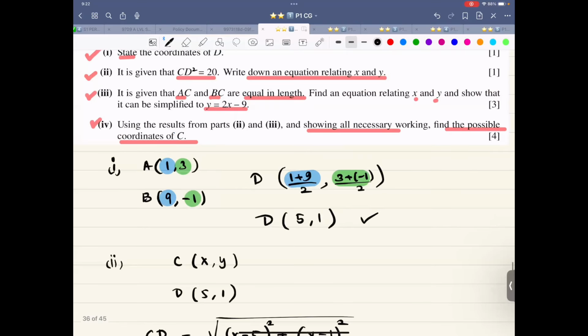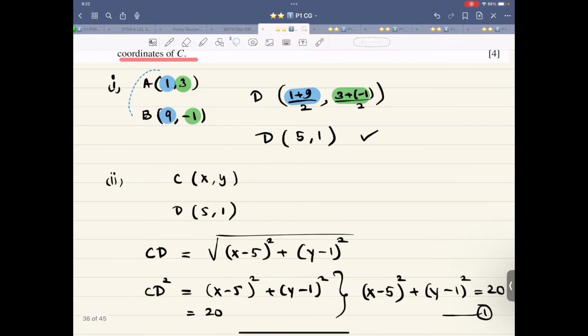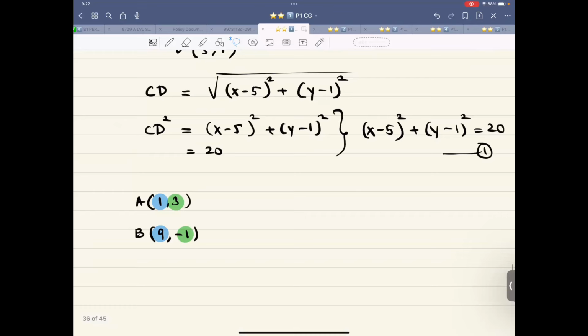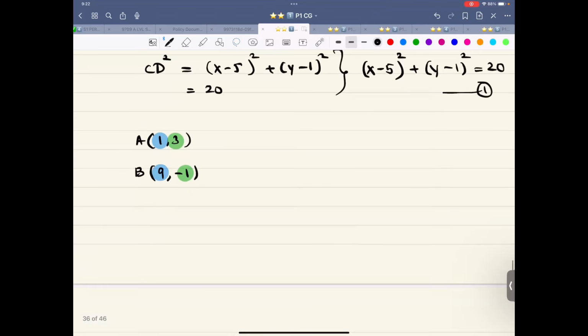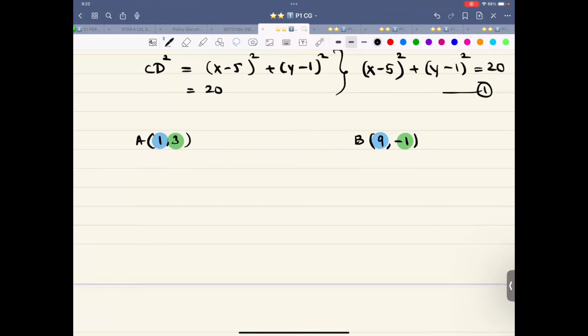This is part 2. It is given that AC and BC are equal in length. So let me just copy this thing and let me paste it over here. And let me add a page. So this is A, this is B, and we have C. So I have shifted B over here. This is C, x comma y.